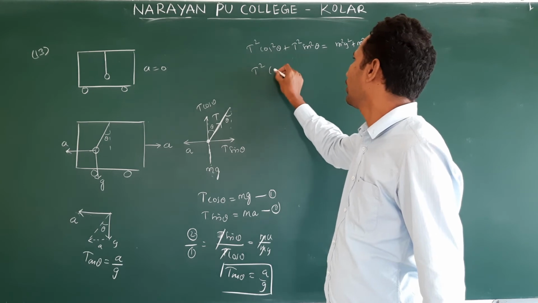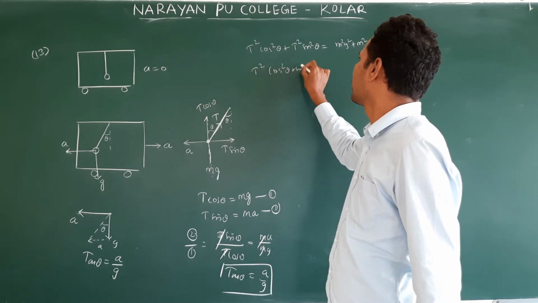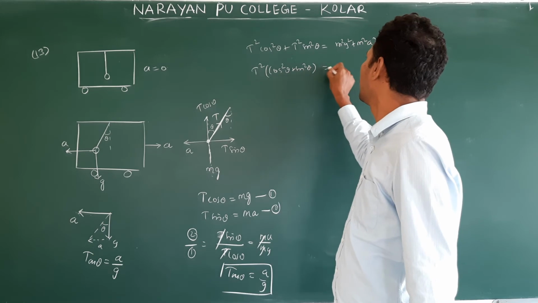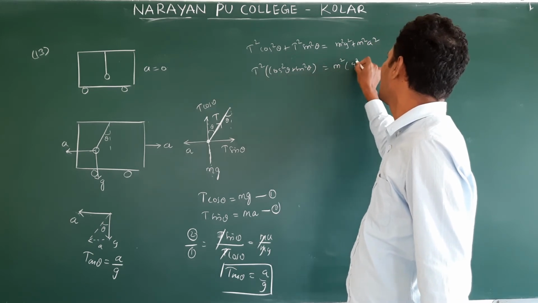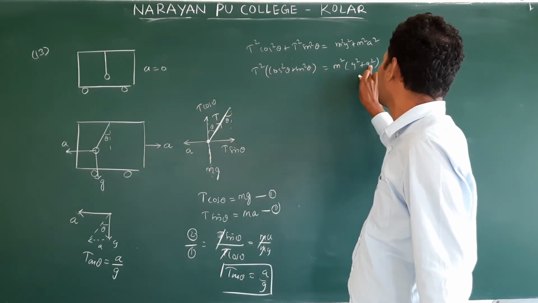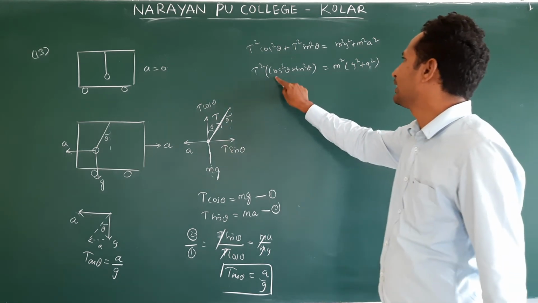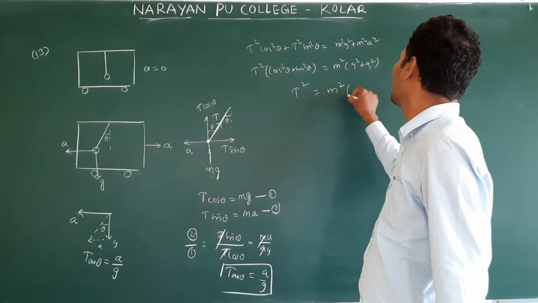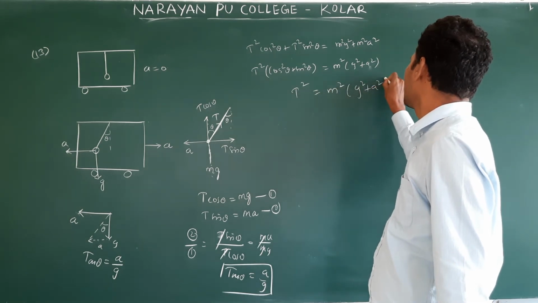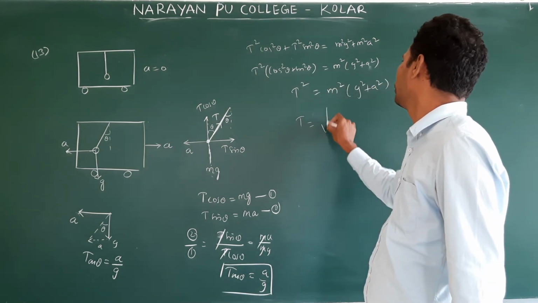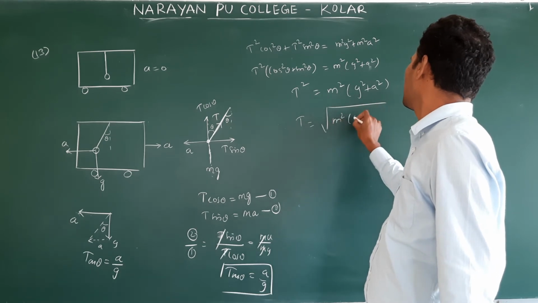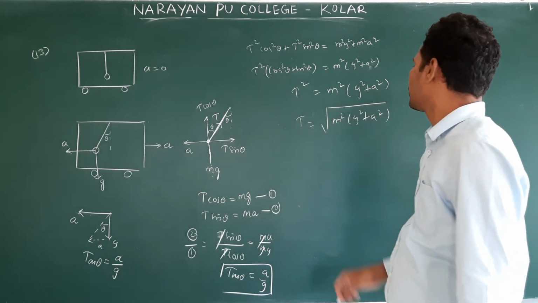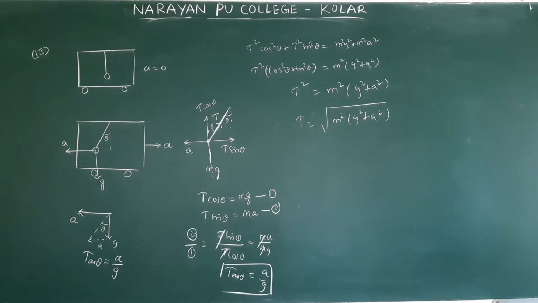Cos square theta plus sin square theta is equal to m square common here, g square plus a square. Right? So what is this? Sin square theta plus cos square theta is 1. So T square is equal to m square into g square plus a square. Take T subject to, under root of m square into g square plus a square. Okay, this is the tension formula. Okay, you can follow anyone, no problem.